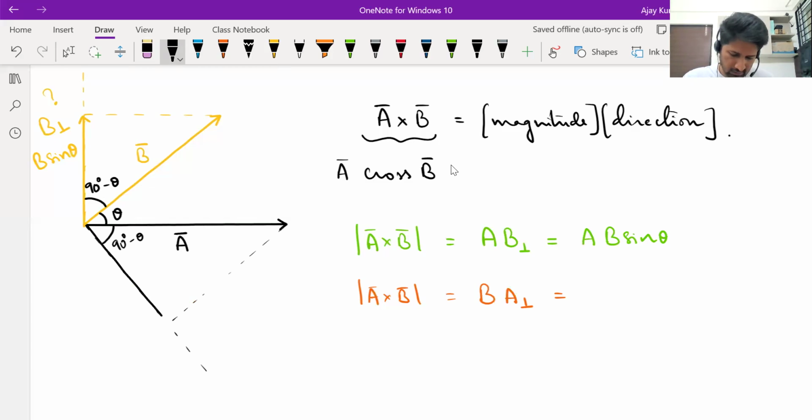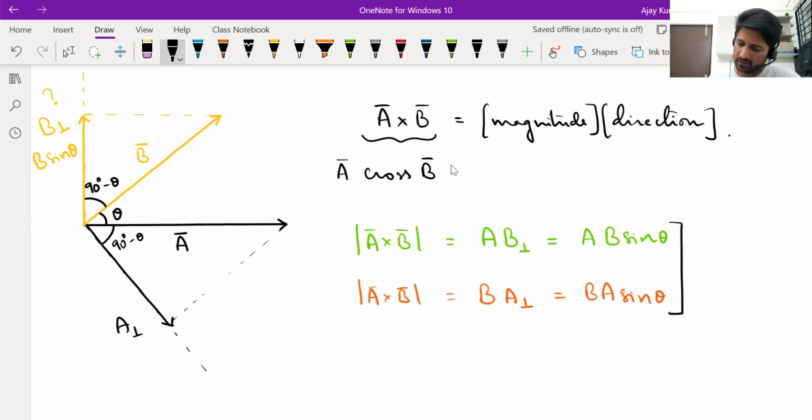This is the component of A perpendicular to B, and that will be nothing but A sin theta. Therefore, you can write it as BA sin theta also. Anyway, these two are the same. Whether you take AB sin theta or BA sin theta, the result is going to be the same.